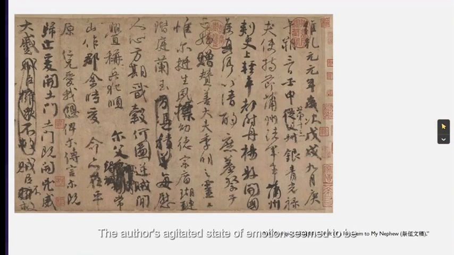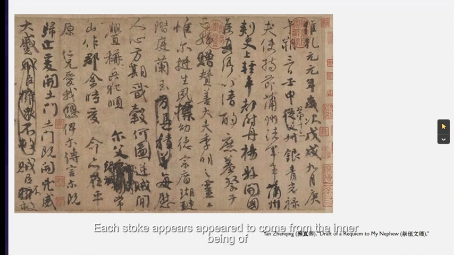The author's agitated state of emotion seemed to be reflected at the tip of his brush. The lines flowed like a rushing river that cascades away. Each stroke appears to come from the inner being of Yan and his very emotion.